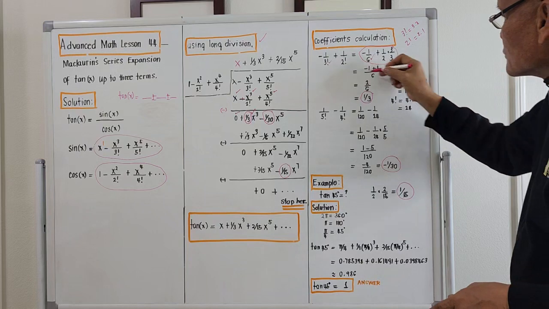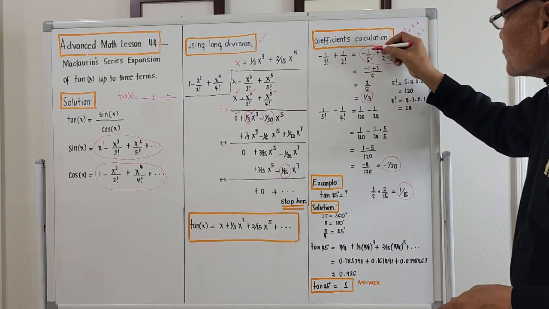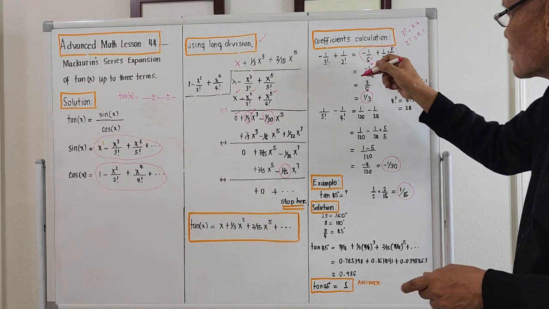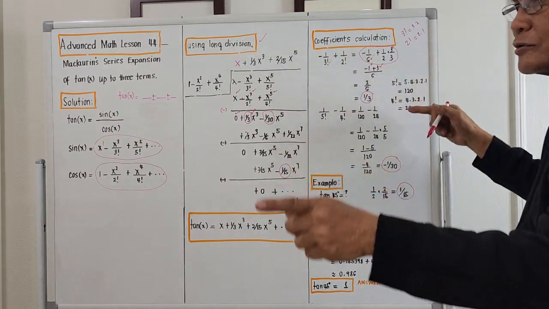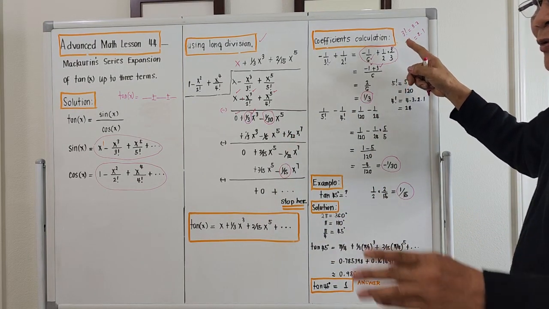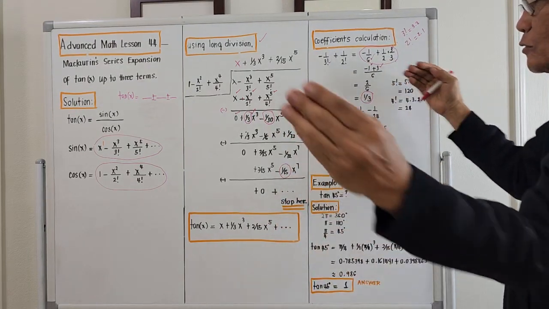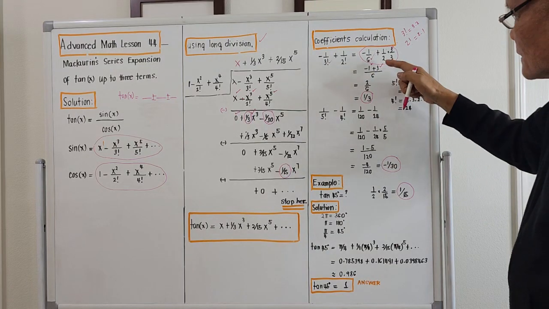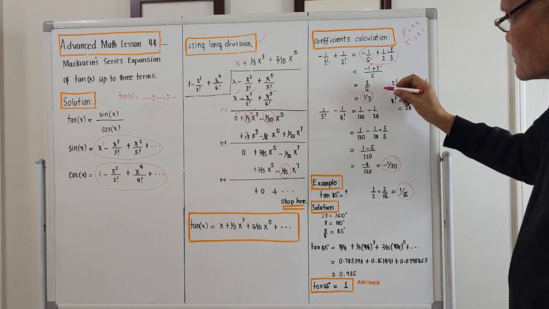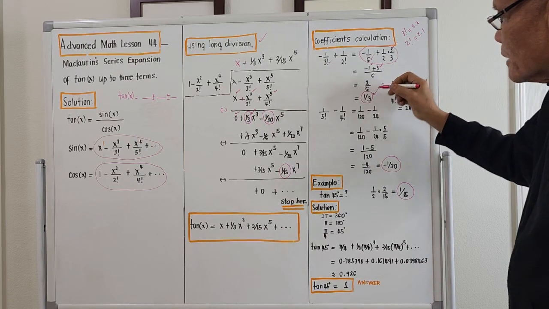So we could combine this now. This will become minus 1, and 1 times 3 will be plus 3. For the addition of fractions with different denominators, we convert first the second one to have the denominator 6, so we could combine. So minus 1 plus 3 is actually 2 over 6, and 2 over 6 is actually 1/3. So this one here is this one.